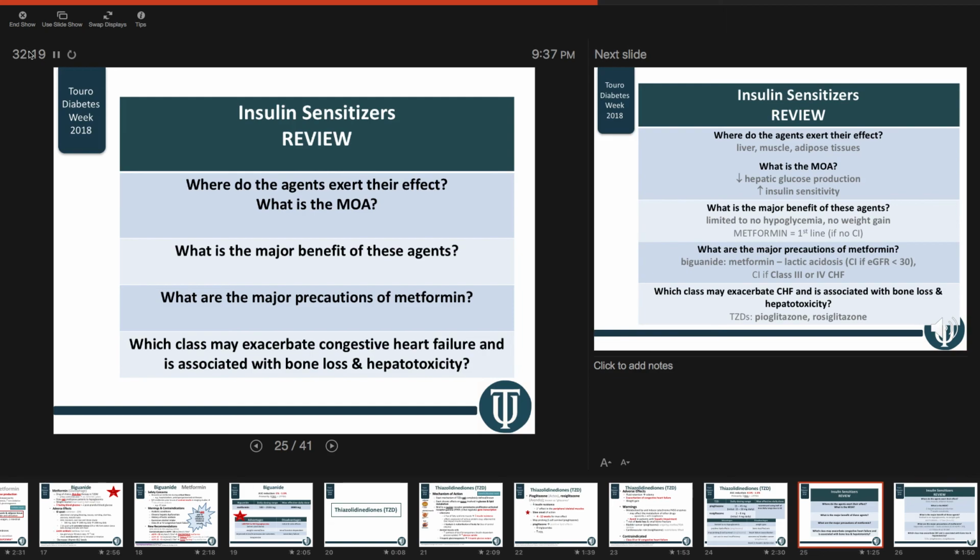What is the mechanism of action? Question 2, what is the major benefit of these agents? Question 3, what are the major precautions of metformin? Question 4, which class may exacerbate congestive heart failure and is associated with bone loss and hepatotoxicity?